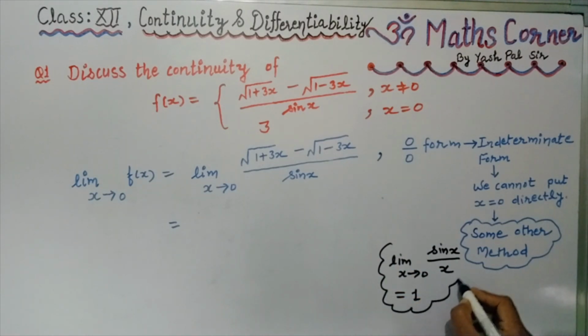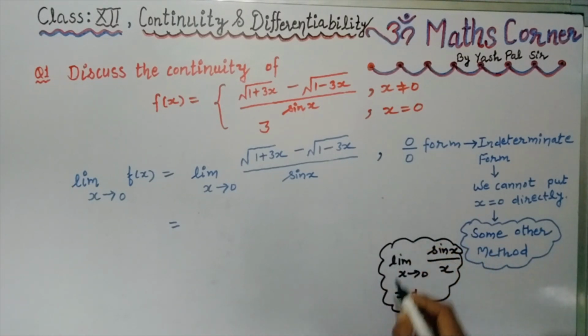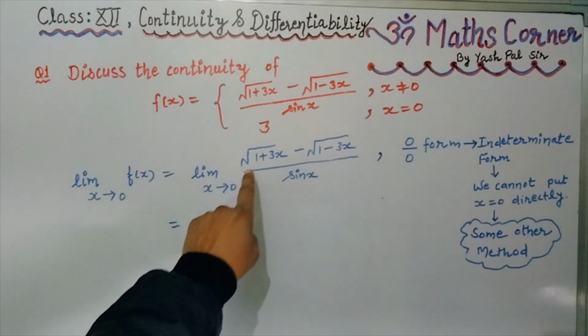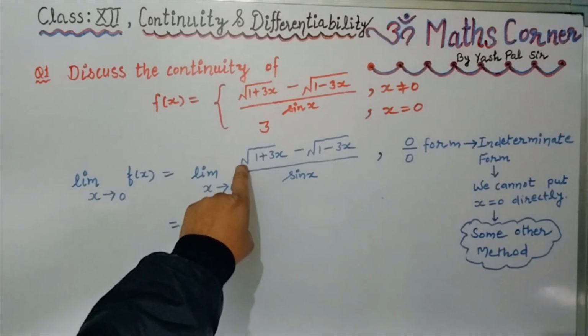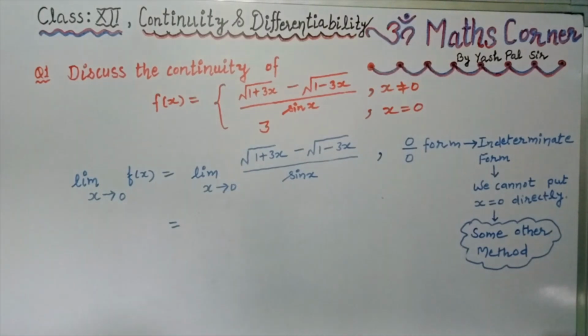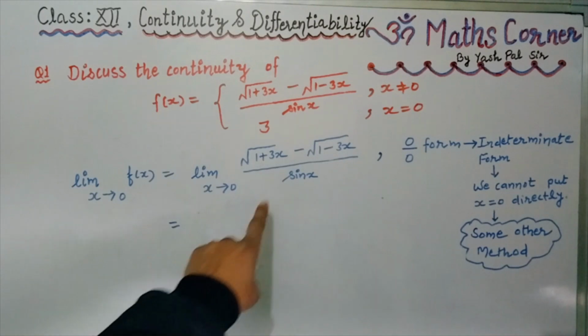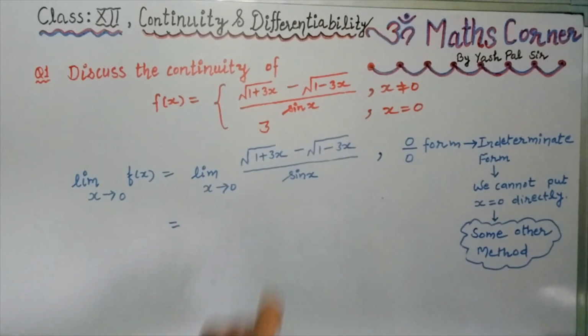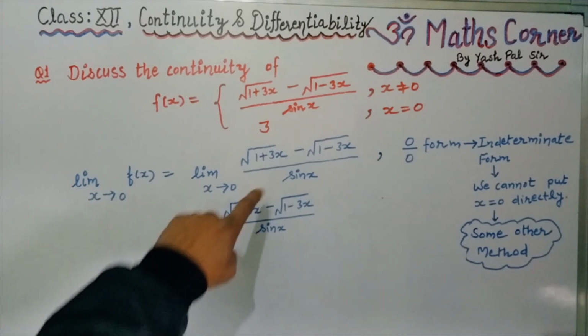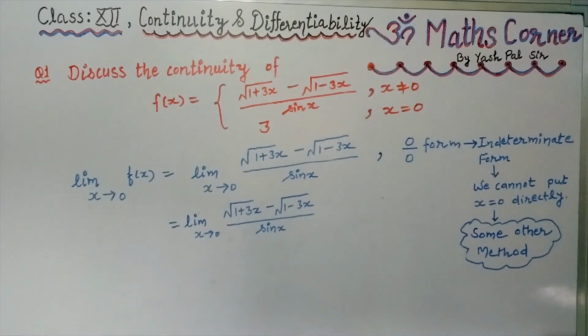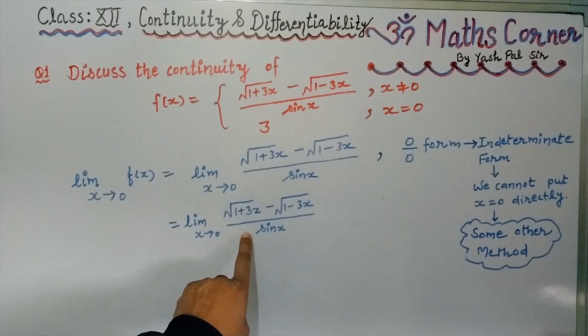This is the standard result which is on the tips of each and every student. Now, because of this square root symbol, the rationalization process is always better. First of all, write the whole function as it is here, this way. The whole function is written as it is, there is no change.